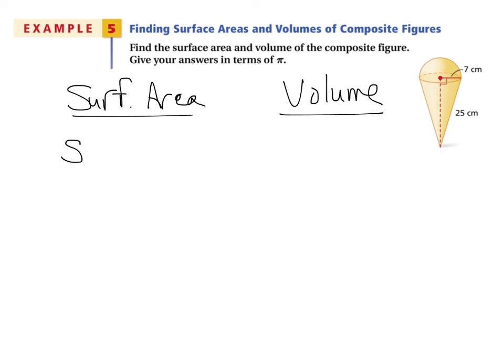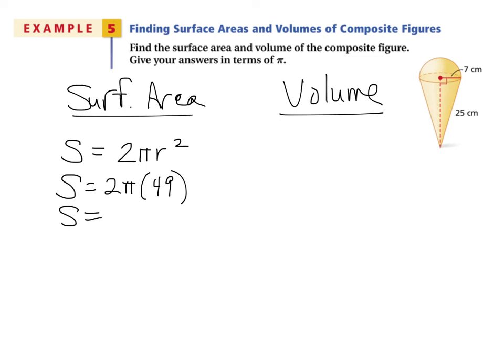So we know the surface area of a hemisphere would be 2 pi r squared. So 2 pi and then 49, since the radius is 7. So the surface area would be 98 pi square centimeters. So that's the hemisphere.